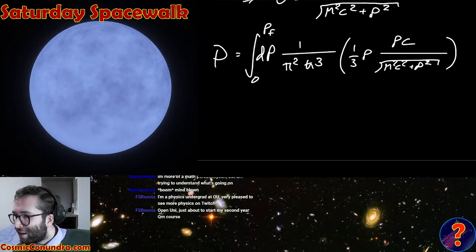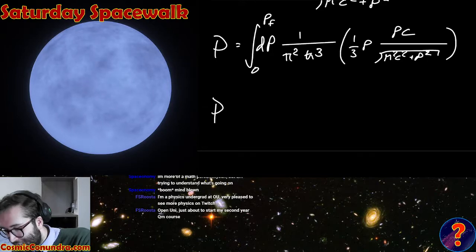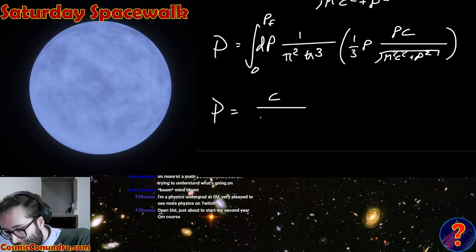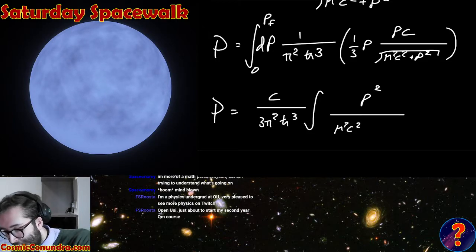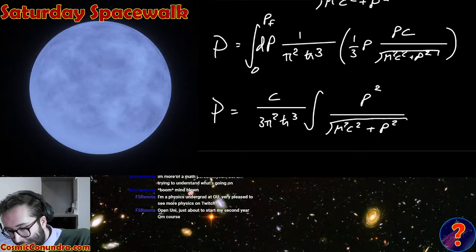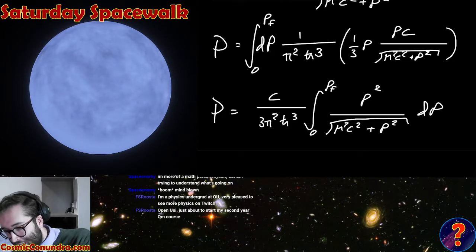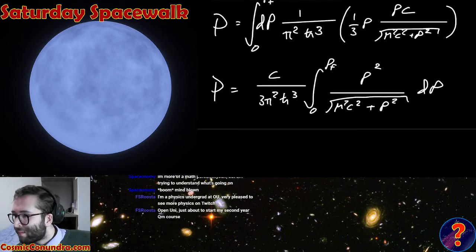Now, of course, this is a rather tricky integral to do. Let me just write it out in full with the factors pulled out the front. So it's c over 3 pi squared h bar cubed, then we've got an integral of p squared over the square root of m squared c squared, which is just a constant, plus p squared. So this is not a straightforward integral, not one we can easily do analytically.